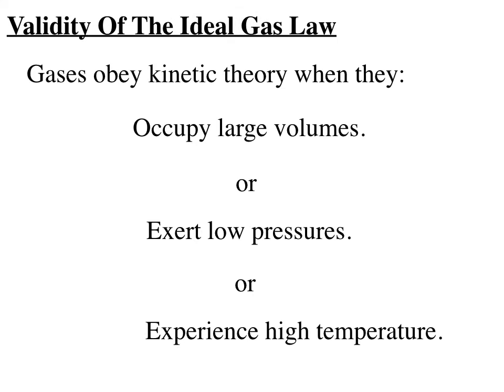When can we expect gases to behave ideally? Well, again, they have to be following kinetic theory, and that essentially means they have no intermolecular force, they don't have any attractions towards each other. So when can they have no attractions toward one another? When they're far apart, or when they're in large volume.